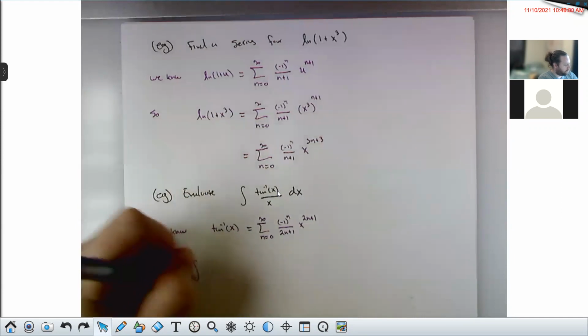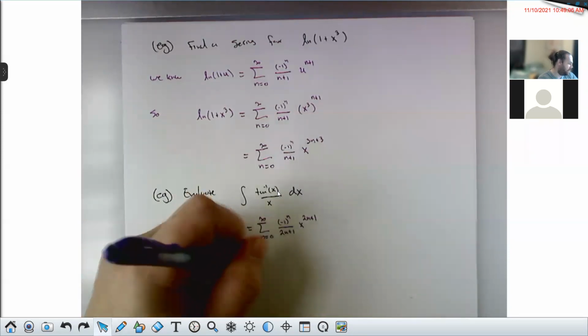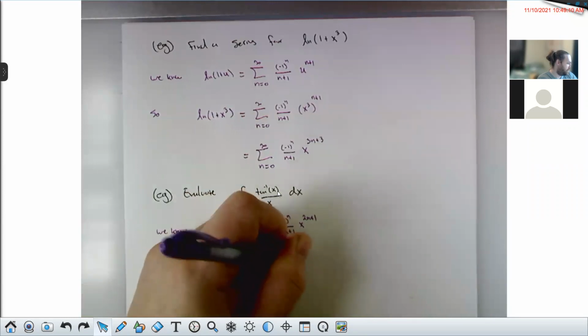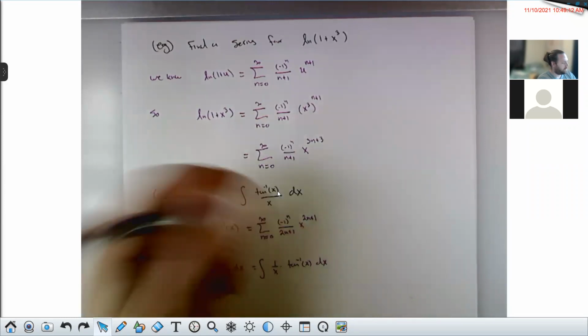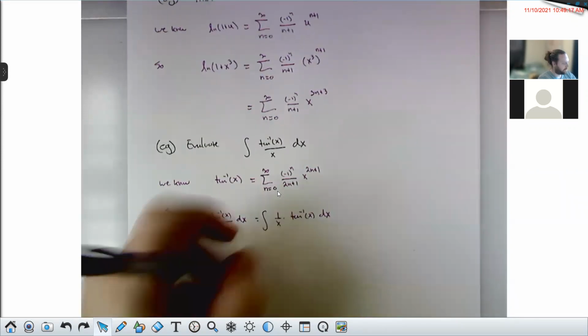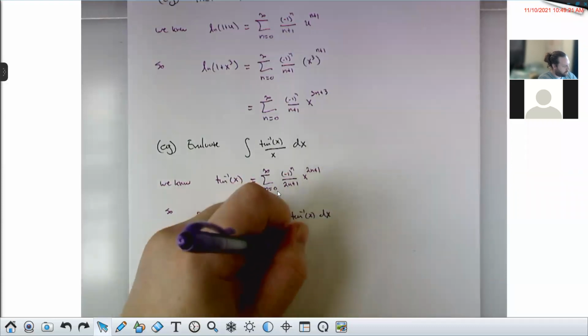So the integral of arctan x over x dx is the integral of 1 over x times arctan x dx. You rewrite the inside as a series. The 1 over x piece is 1 over x.